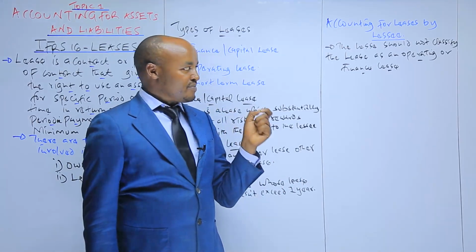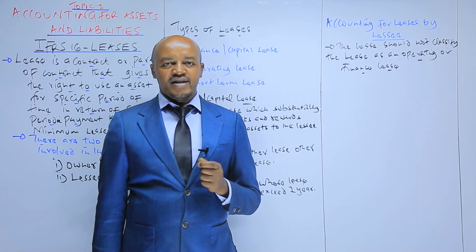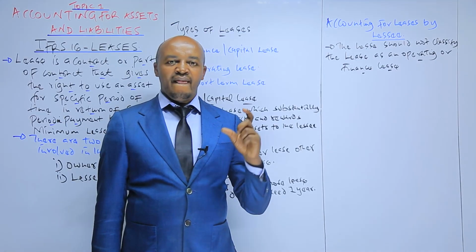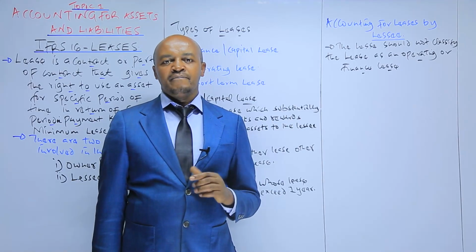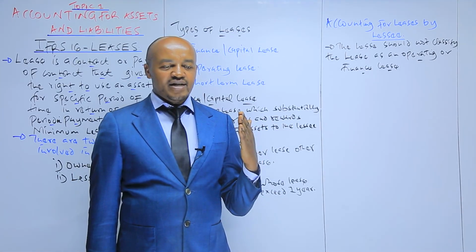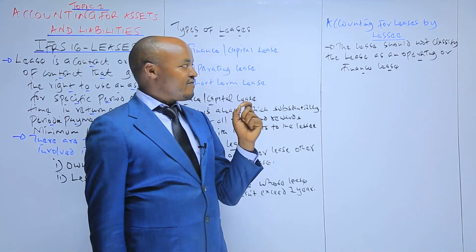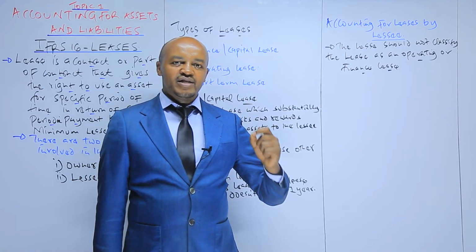But now, IFRS 16 considered that a limitation associated with IAS 17, and IFRS 16 now prohibits the lessee from classifying the lease as an operating or a finance lease.